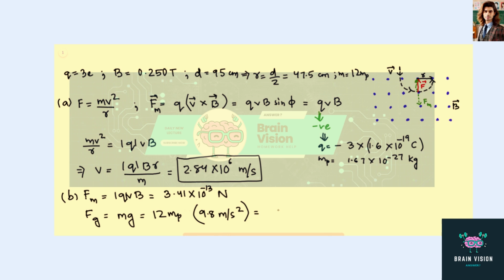And we find this to be 1.96 times 10 to the power minus 25 Newton. Now, if you compare these two values, we see that the magnetic force is much larger than the weight of the particle, or the gravitational force. So it will be a very good approximation to neglect gravity here.